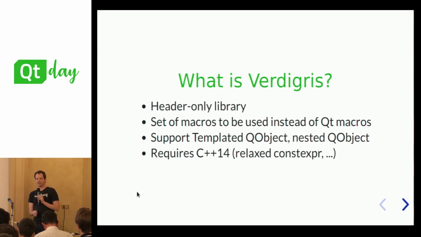At the time Verdigris was released, it was 2016, so C++14 was maybe not used, but today, I wonder who here uses C++14 already? And who cannot use C++14 yet? So there's more people that raised their hand the first time.